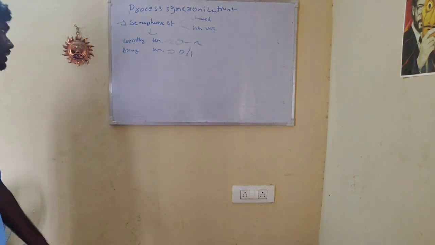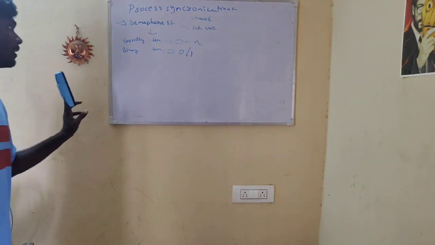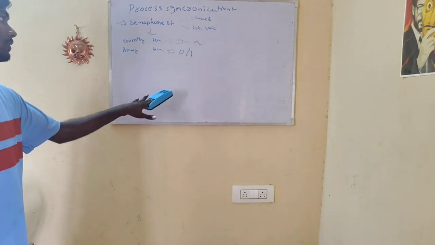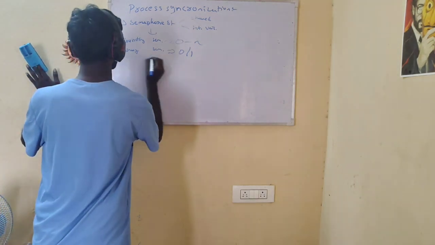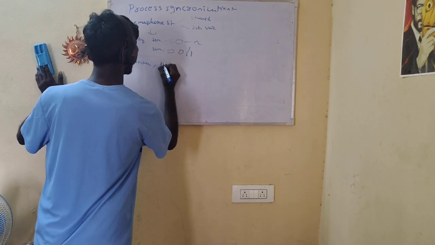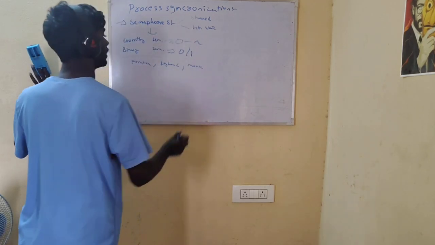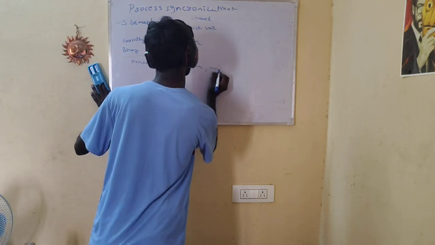The binary semaphore is used whenever we are only having one instance of a resource. For example, in most cases, we are going to be having only one instance of a printer, or one keyboard, or one mouse, or one monitor.